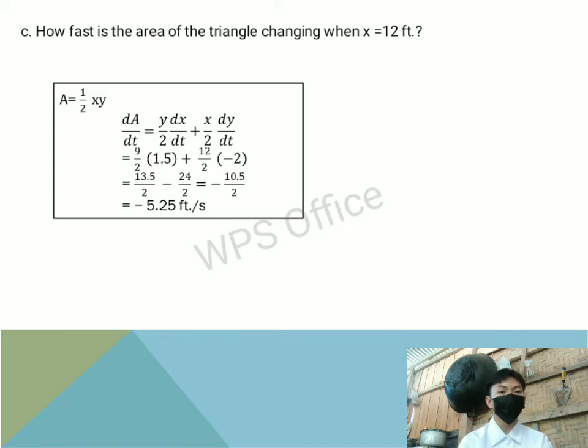That is equal to 13.5 over 2 minus 24 over 2, which is equal to negative 10.5 over 2, which is equal to negative 5.25 feet per second.